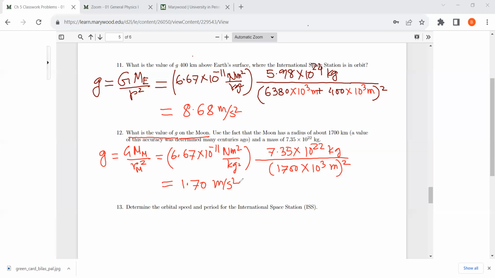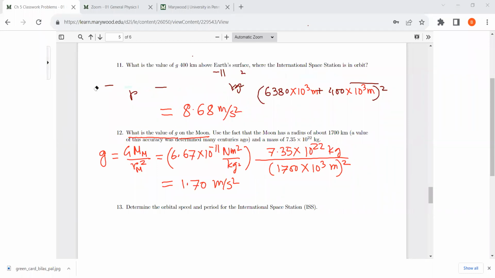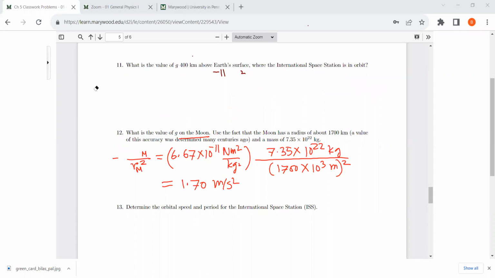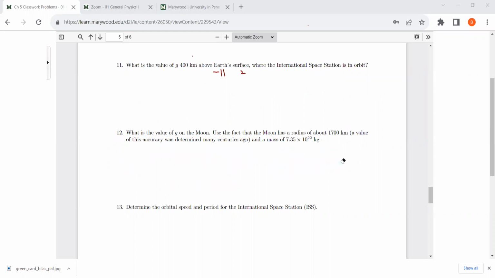The next question, number 13, asks us to calculate the orbital speed and period for the International Space Station. In the theory class, we derived an equation for the orbital speed of a satellite.